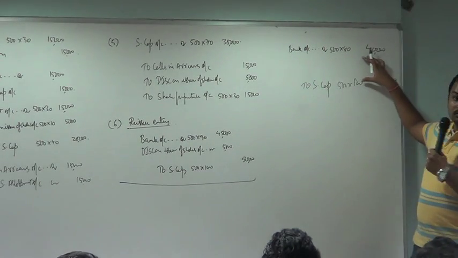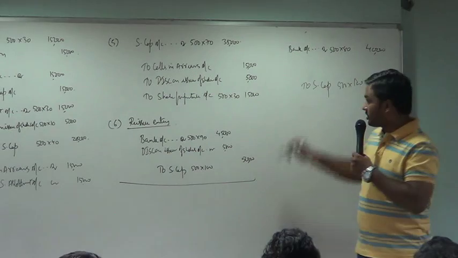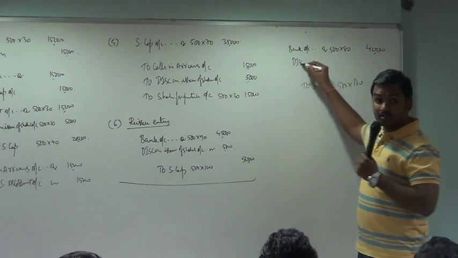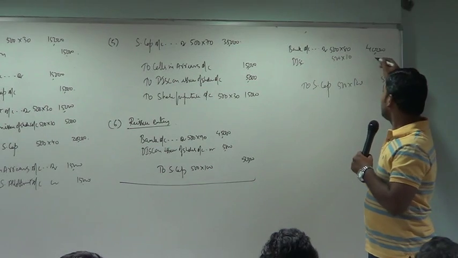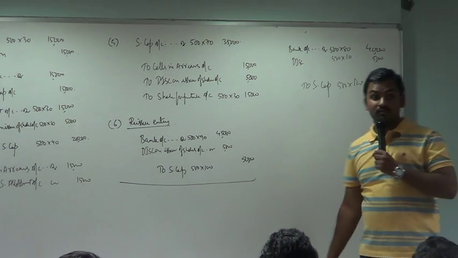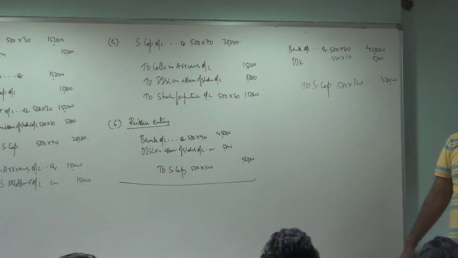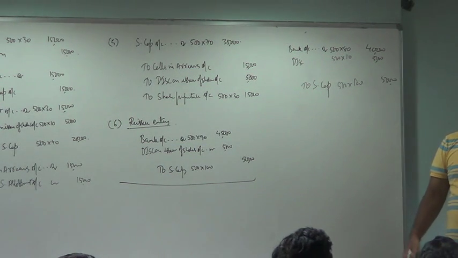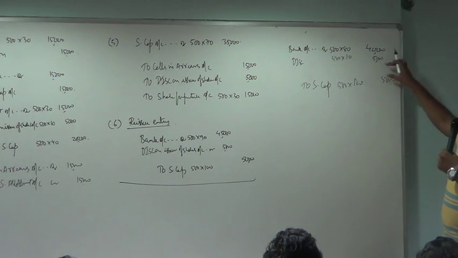There is a loss. How will you deal with that loss? Discount. How much? 500 into 10, 5,000. Next. Does the entry tally? How much loss is there? 5,000. Which account should I debit? There is still a loss.